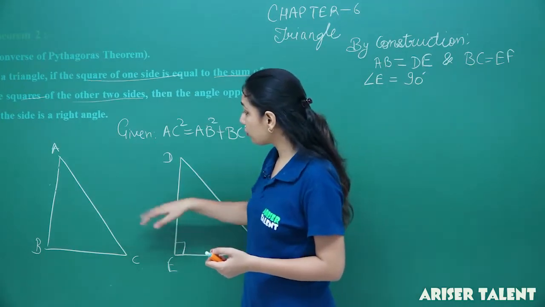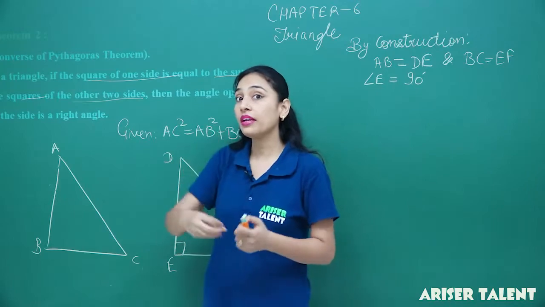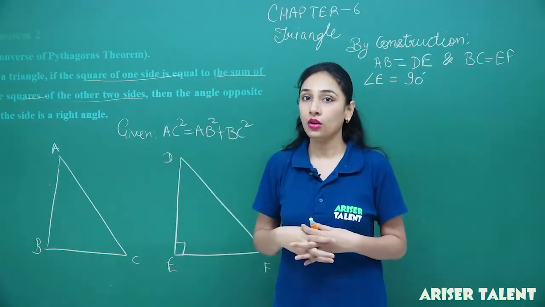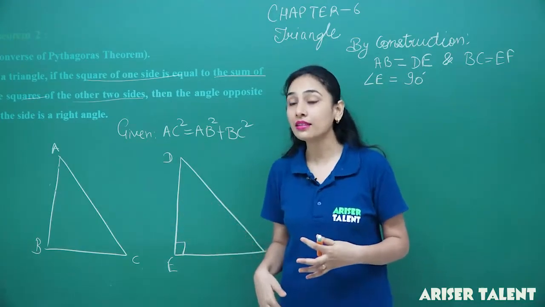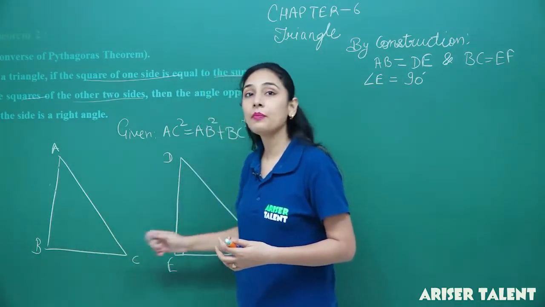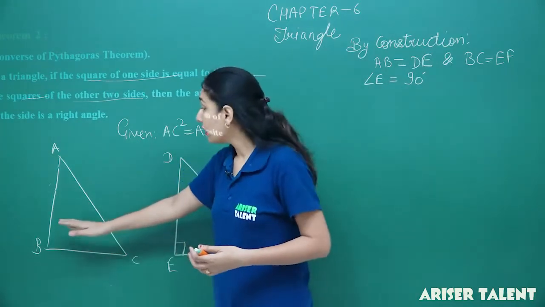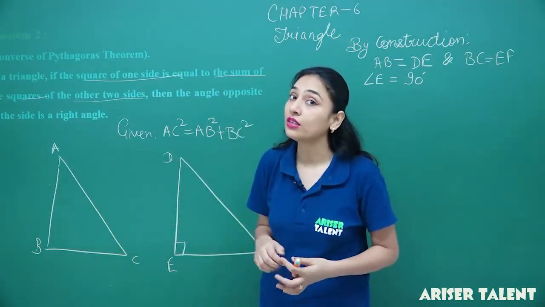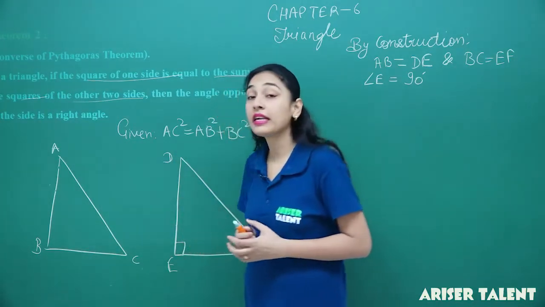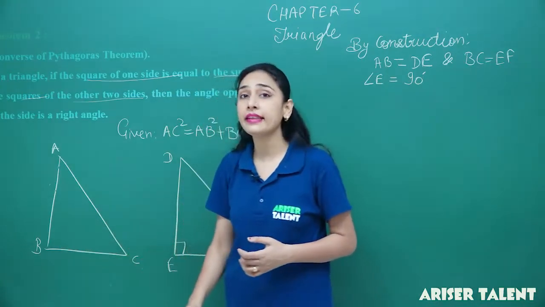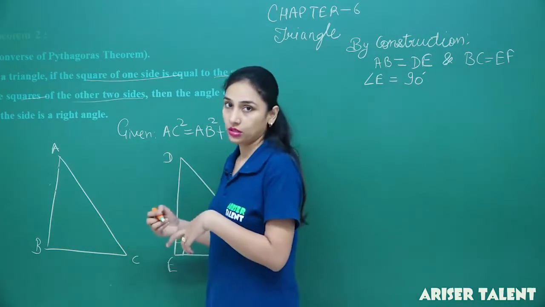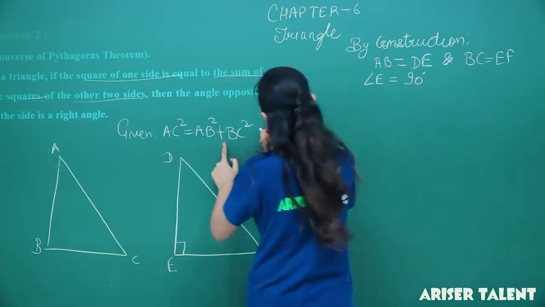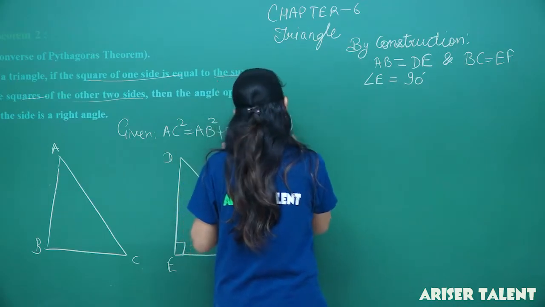Then, if these three sides are correspondingly equal, these two triangles are congruent, and if these two triangles are congruent, then these angles will also be the same. We have constructed 90 degrees, so it will be proved that it is a 90 degree angle. Now, I am marking this as equation 1, students.